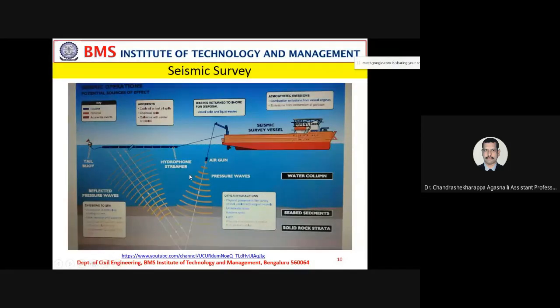All of this is an indirect method. We don't know what is happening down below the earth. We are just passing the pressure waves and getting reflected waves at different times: velocity and time. Based on these two, we assess whether it is sedimentary rock, igneous rock, or a fractured zone down below the earth, where oil traps can easily be found.